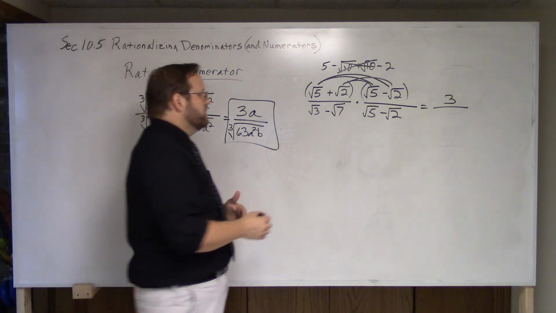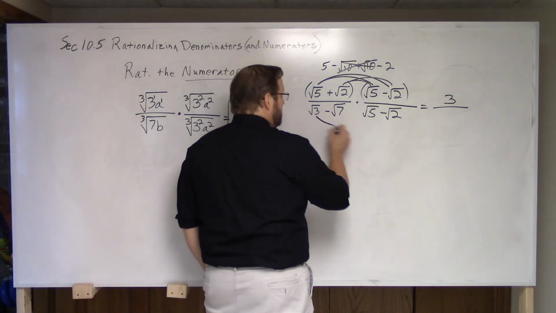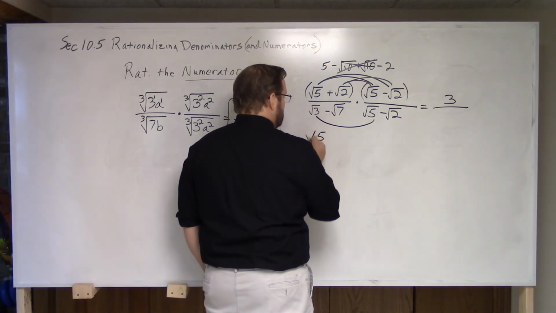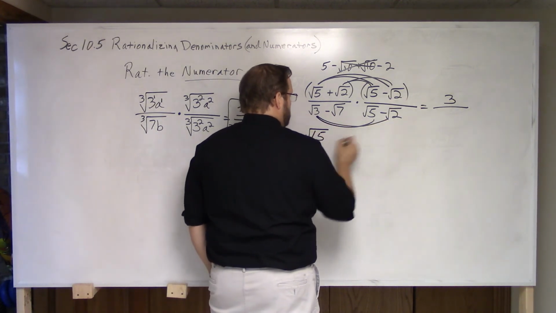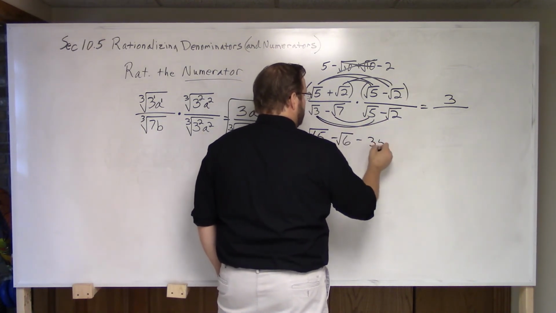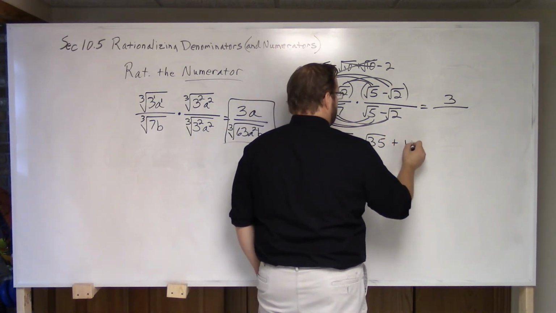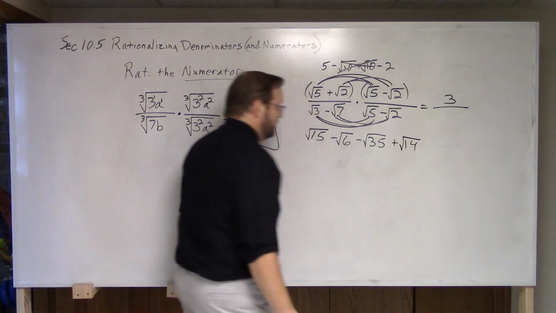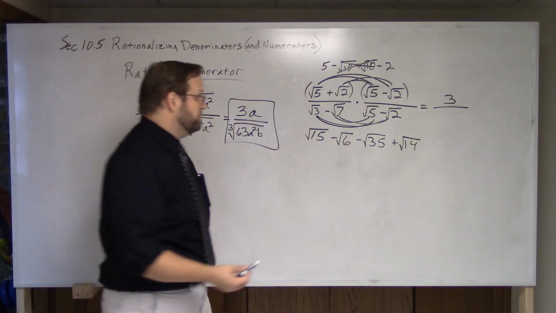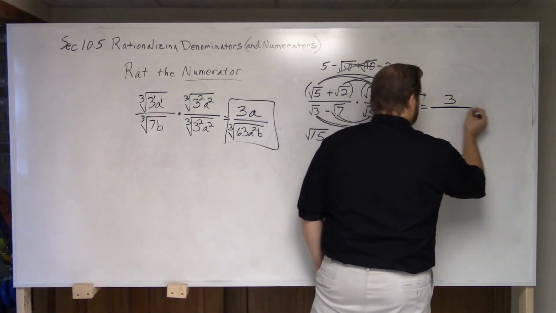The denominator then is simply root 15 minus root 6 minus root 35 plus root 14. Nothing combines or simplifies, so I just bring that over.